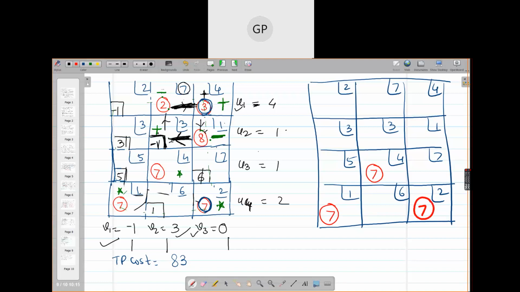Now tell me, what should I put in the cell 1, 2? 0. That means it will become an unoccupied cell, right? Yes, ma'am. So what should I put in the cell 1, 3? 5 units.